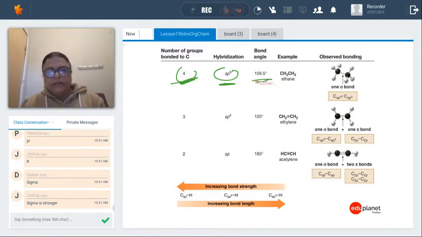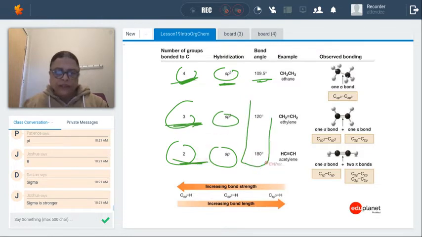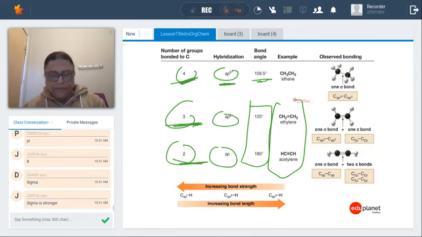Bond angle 109.5 in a tetrahedral. sp2, 3 partners. sp, 2 partners. The angle and what kind of bonding. All right? And you see how bond strength and bond length are related. We discussed that many times.